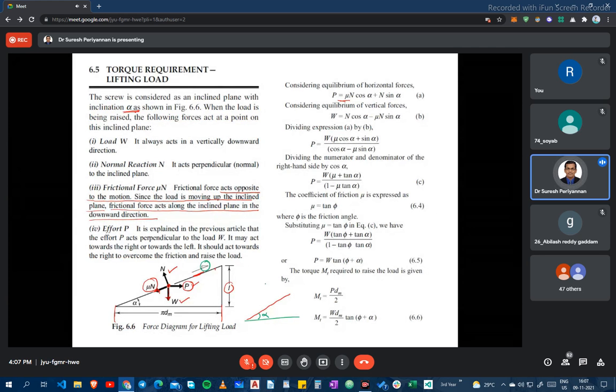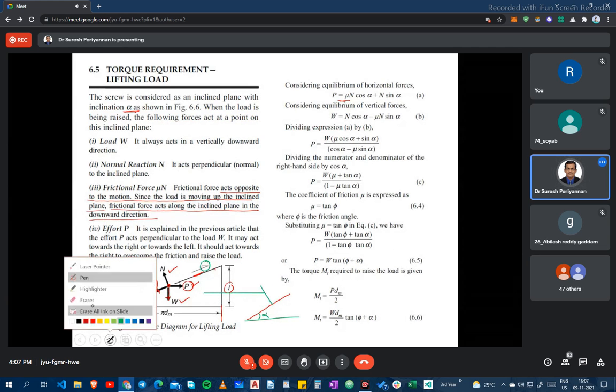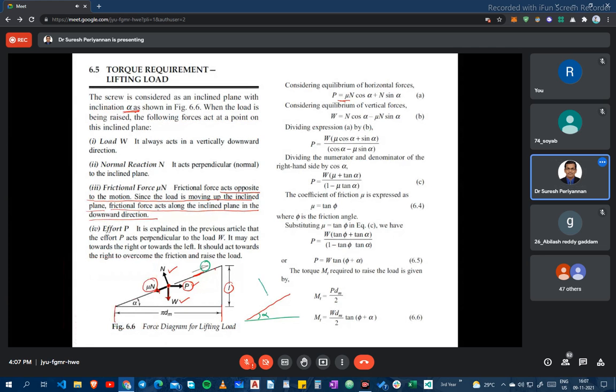The reaction force is always perpendicular to our inclined plane. This is our load direction, always vertical, downward.